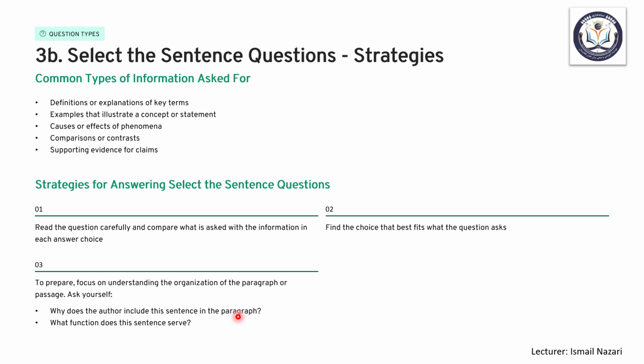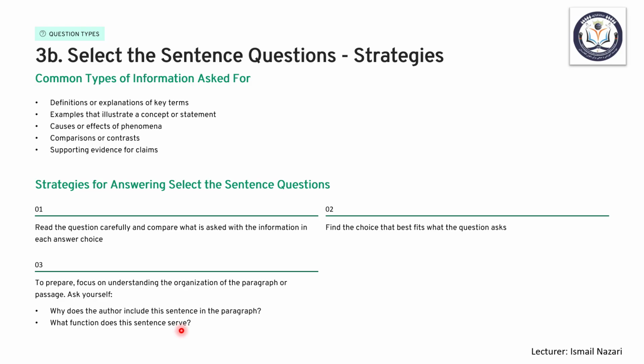Is it expressing the main point, the main idea? Is it recommending something? Is it inviting someone? We may have different reasons for having one paragraph inside a passage. Or simply we can ask, what function does this sentence serve?